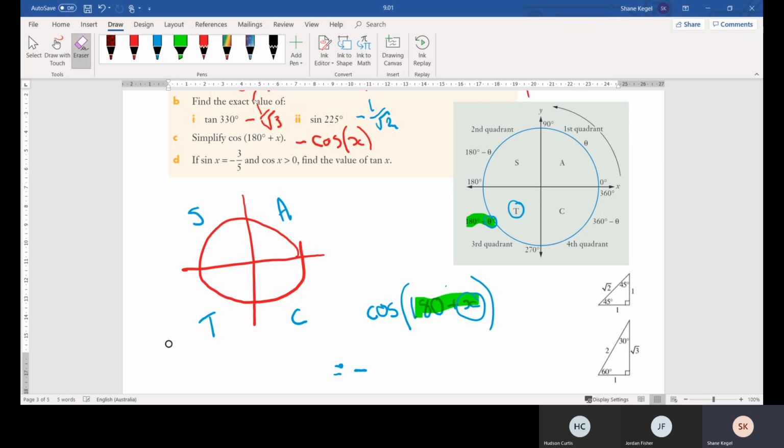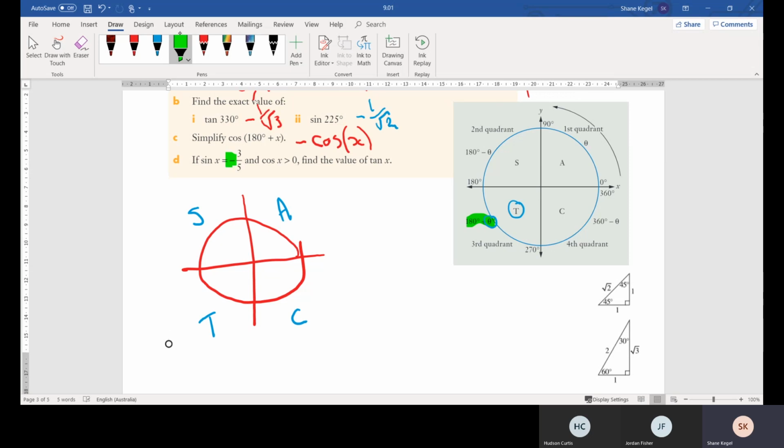Perfect. Part D, I'm given a ratio, sine x equals negative 3/5, and I'm given a fact, which is cos x is greater than 0. Then it's asking me to find the value of tan x. Okay, I've been given two parts here that I can use.